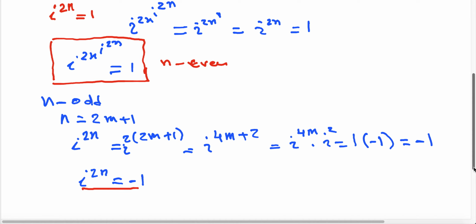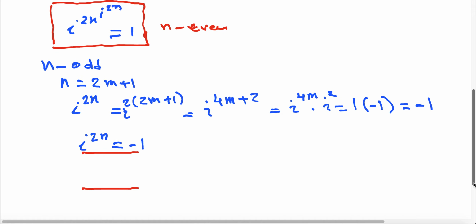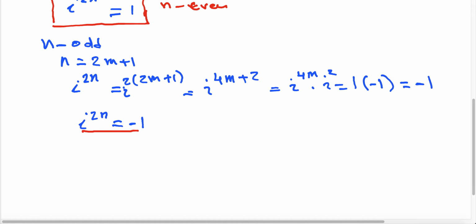So now let's take this number, i^(2n) to the power i^(2n). Let me write the base, i^(2n), and instead of the exponent i^(2n), I'm plugging in minus 1, because that's what it says here. The base 2n to the exponent minus 1, we can write as 1 over 2n; I can make the exponent positive.